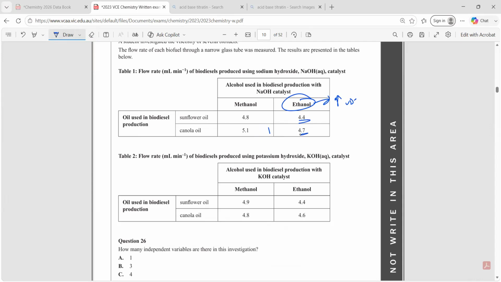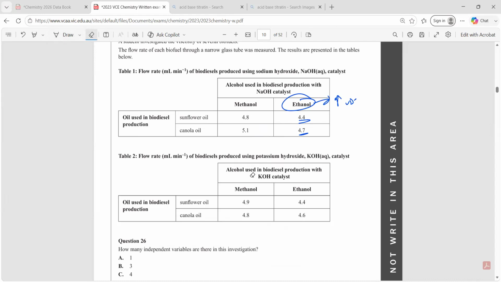So if its flow rate is lower, sorry, this means that's more viscous. So honey would have a very low flow rate. Using potassium hydroxide, alcohols used in, okay, so you use a sodium hydroxide.